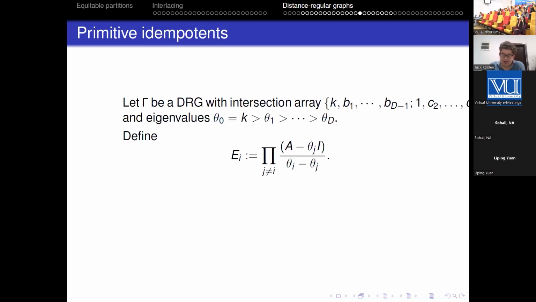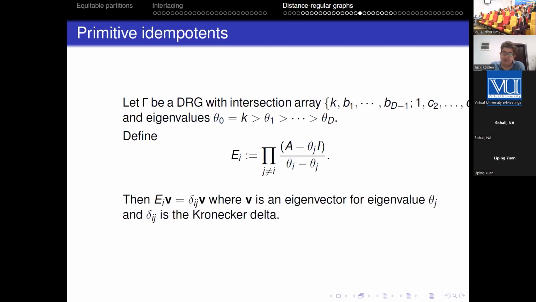We define E_i as this matrix. Then E_i times v, where v is an eigenvector for theta j, is either 0 times v if j is not equal to i, or if j is i, then it's exactly v.